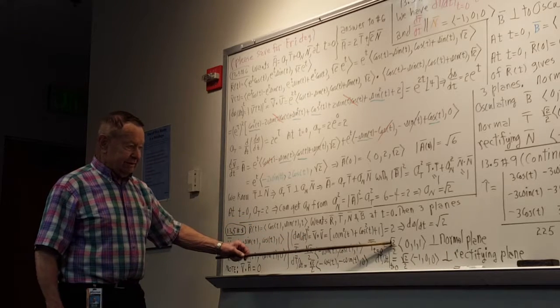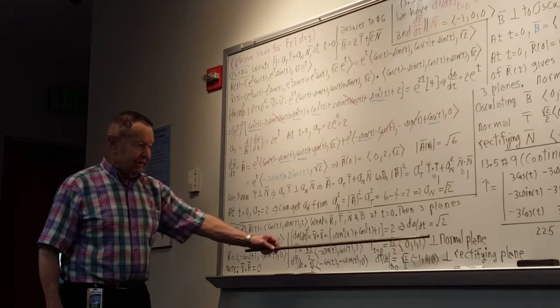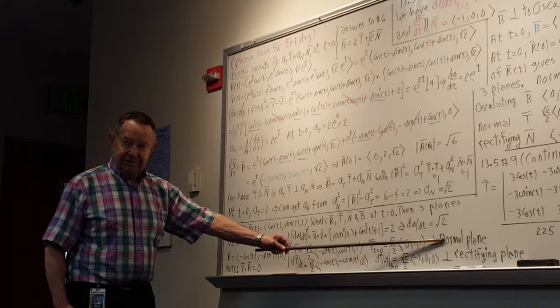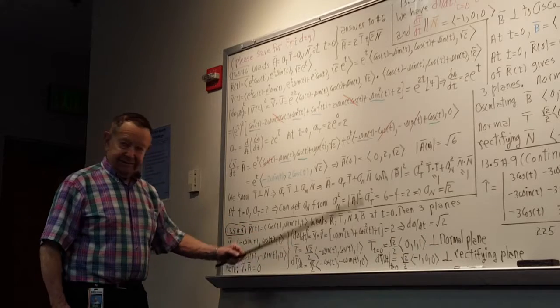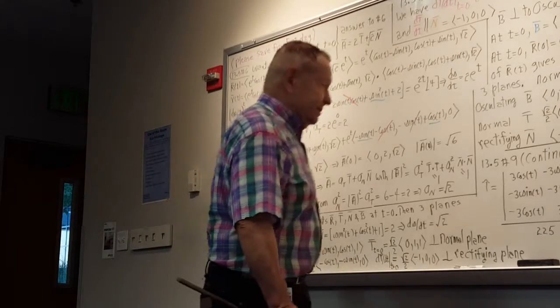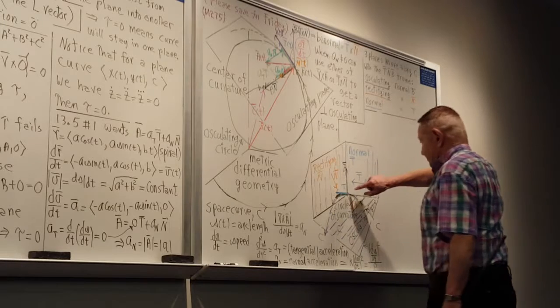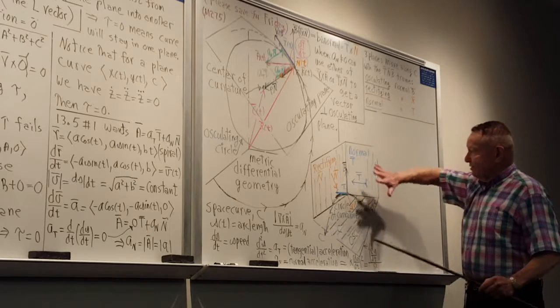And this vector, either with or without the √2/2, is the perpendicular to the normal plane at time 0. See, we're thinking of this curve as if this is a picture of it. And here's our picture at time 0.